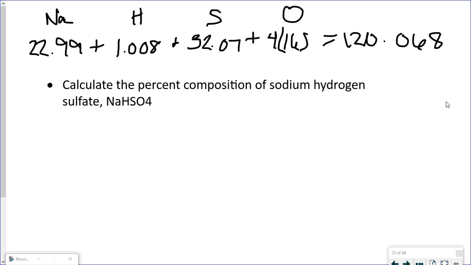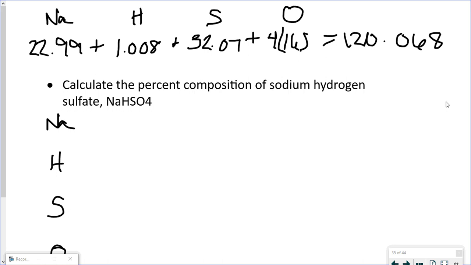And yet again, it wants the percent composition of the compound, so we need to do every substance in the compound. Remember, if it only specified sodium, you would only need to do this for sodium. But since we have 4 substances, we have sodium, hydrogen, sulfur, and oxygen. And I'll scroll down if needed.